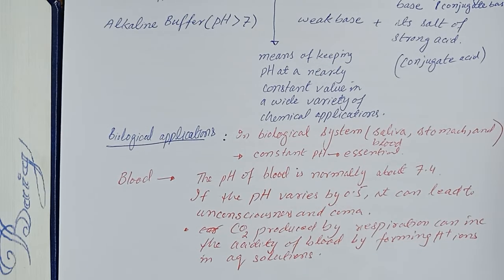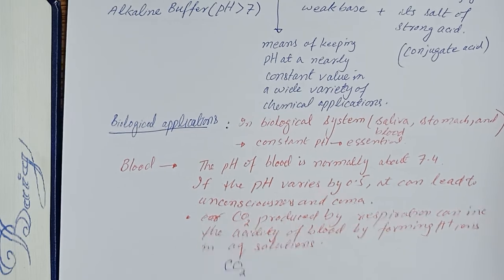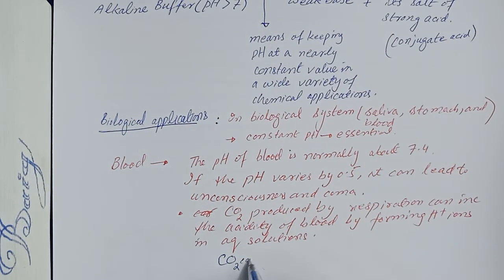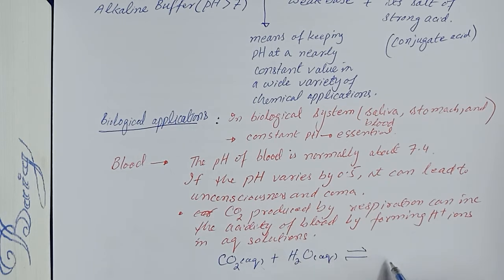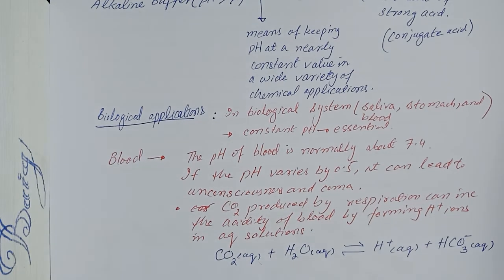So using the equation, we can write that the carbon dioxide, when dissolved in water, is dissociated into hydrogen ion, and bicarbonate ion is produced.